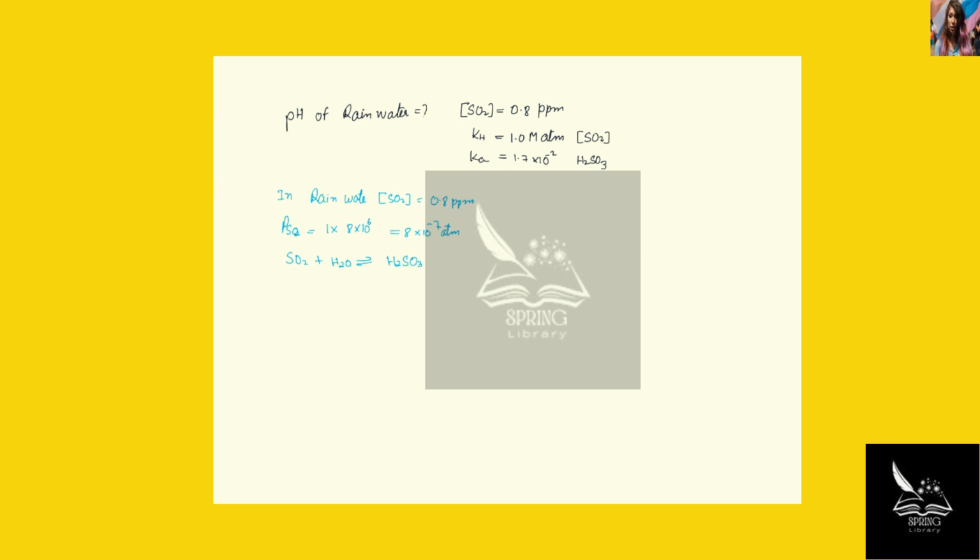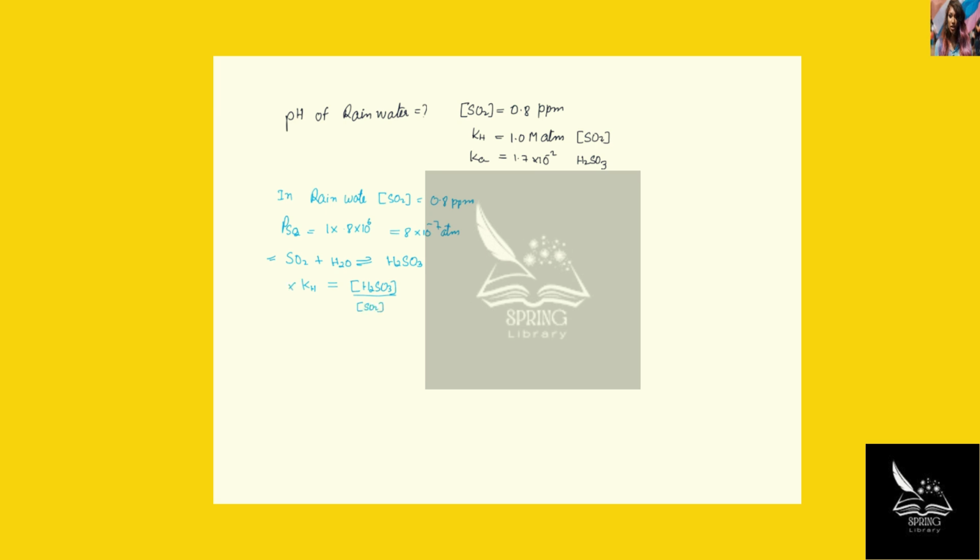And this equation is going to help us because we can calculate the value of the KH, the hydrolysis constant for sulfur dioxide, which will be based upon this equation, and we can write this as equal to the concentration of sulfurous acid divided by the concentration of sulfur dioxide.